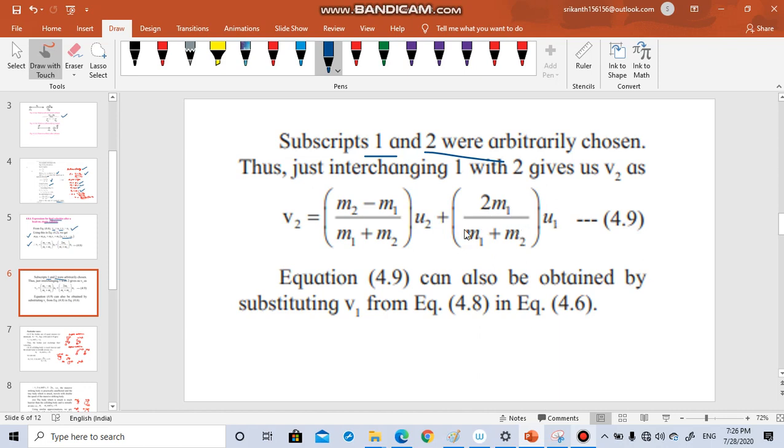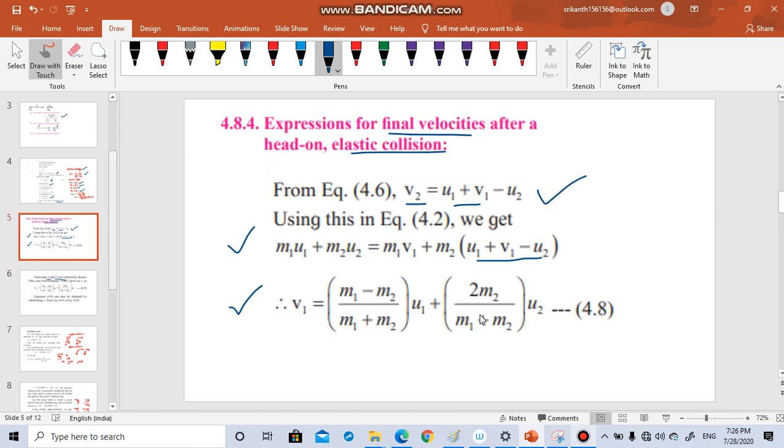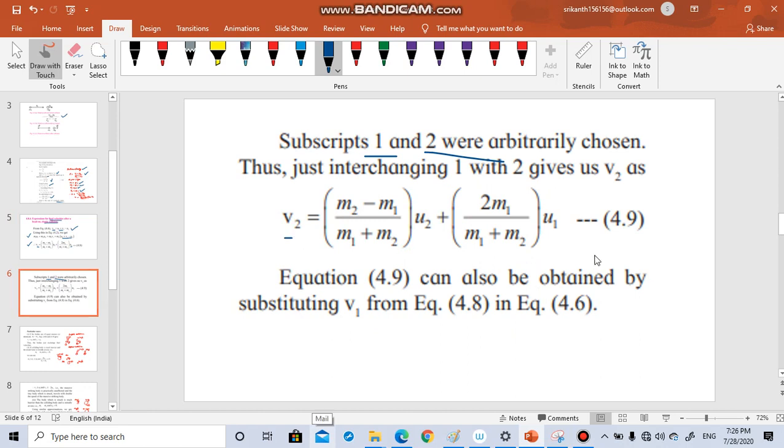So the second term will be 2m1 by m1 plus m2. If you want to find for 1, here 2 will come; if you want to find for 2, here 1 will come. This is the easy way to remember the formula. If you want to do numericals, you should remember this formula.